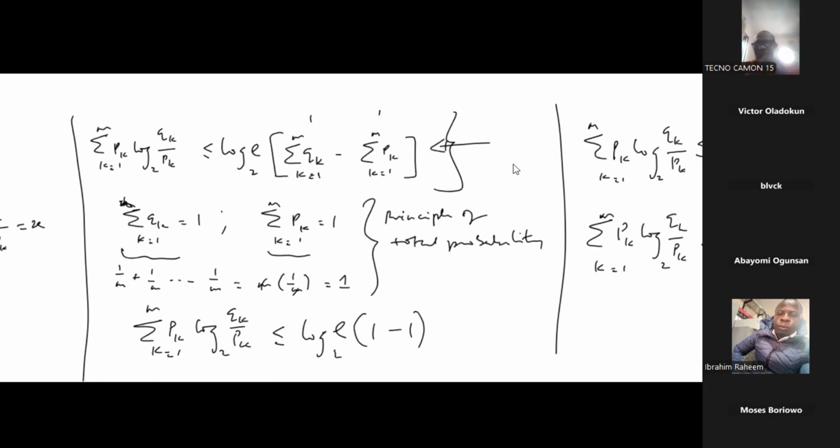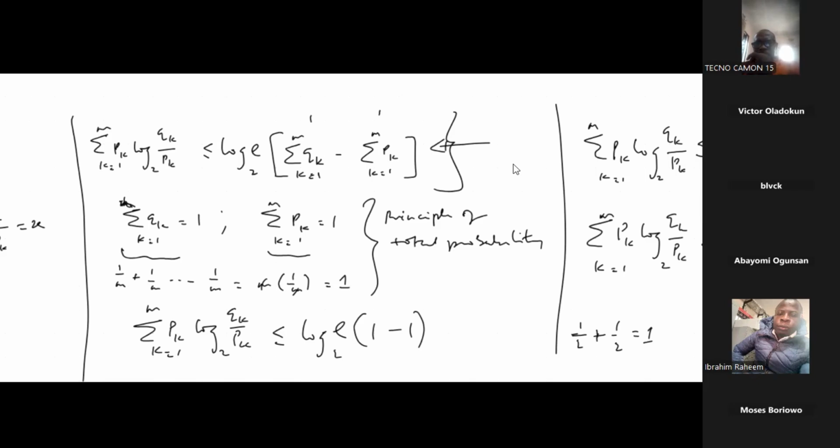If, for instance, we flip a coin, the probability that we'll have a head is half, and the probability that we'll have a tail is equally half. So we have two possible outcomes. It's either a head or a tail. Half plus half is equal to 1. So that is consistent with the principle of total probability. So that when you are considering a sample space, the probability distribution cannot exceed 1.